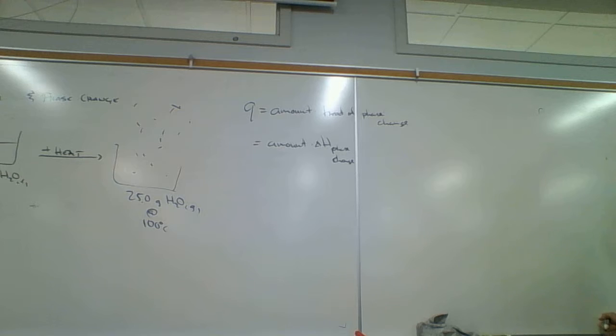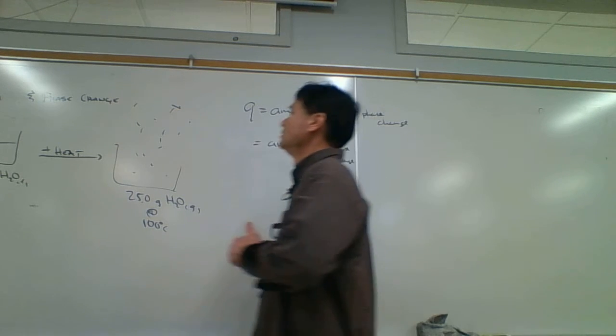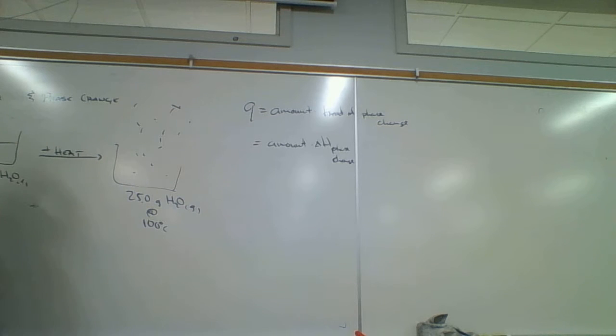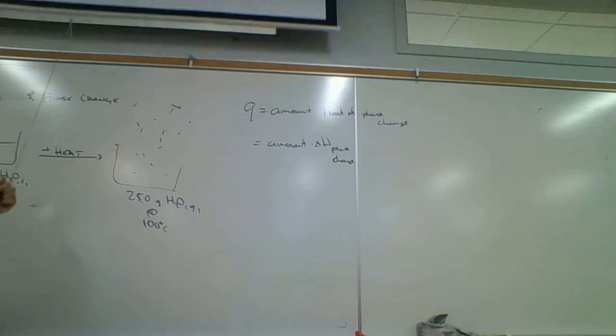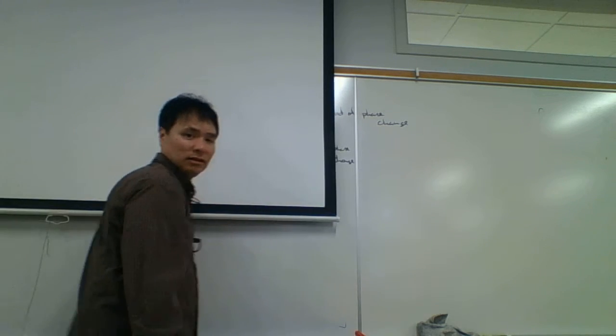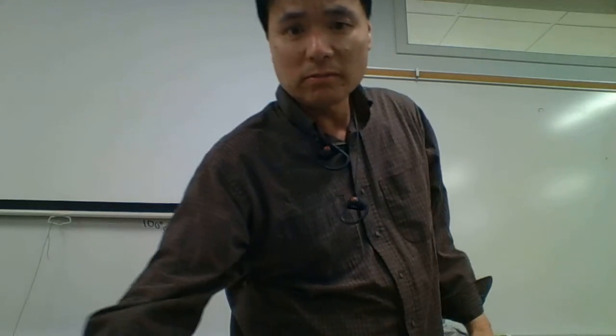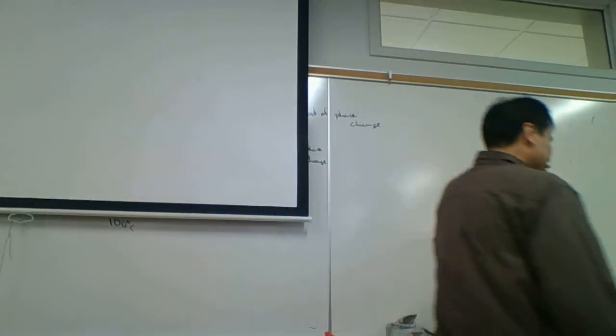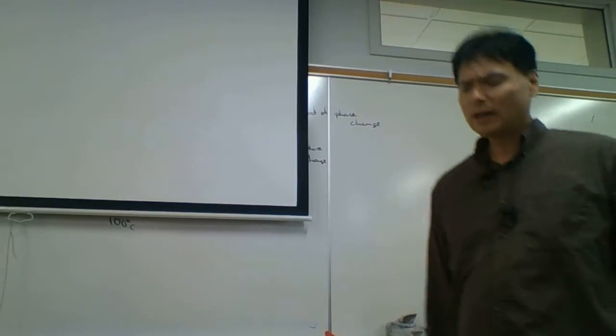And when we boil the water, how much heat does that take? So I know the number, but not in the units that we need. I know it's 44 kilojoules per mole of water, but we want it per gram, so I can convert that.